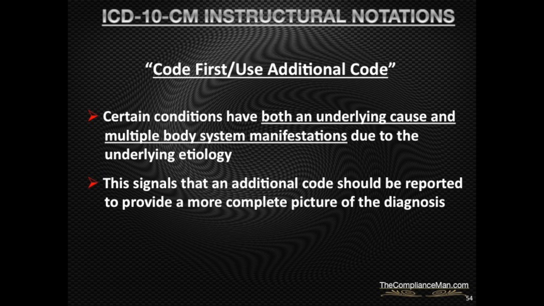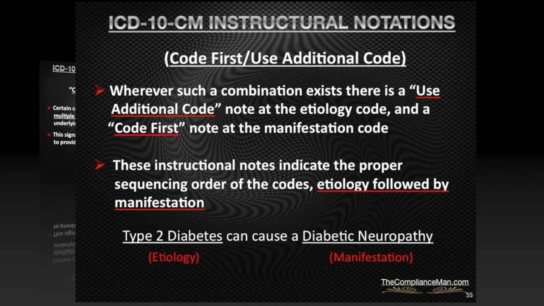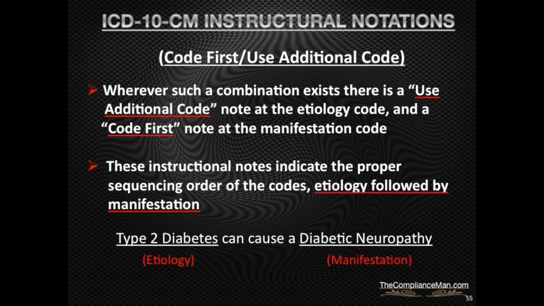So that you're not confused, let me give you this example. The use additional code note will be the etiology code, and the code first note means that it would be the manifestation code. So they indicate the proper sequencing order of the codes, meaning etiology followed by manifestation.